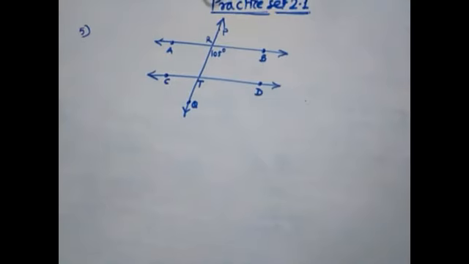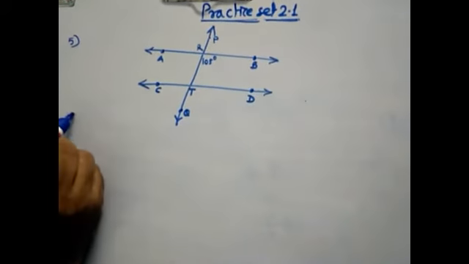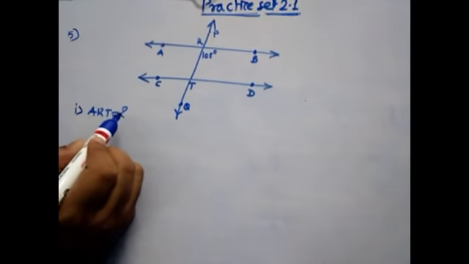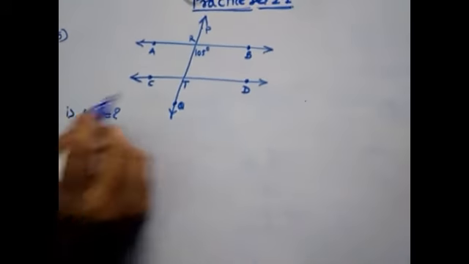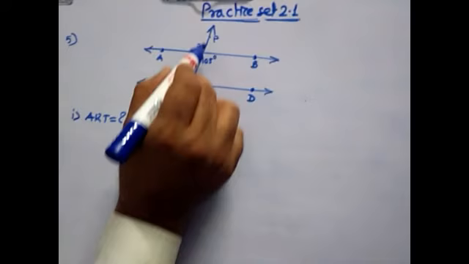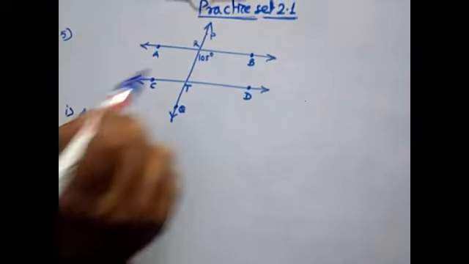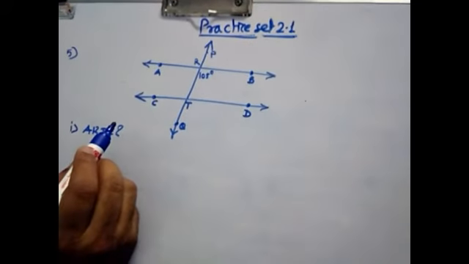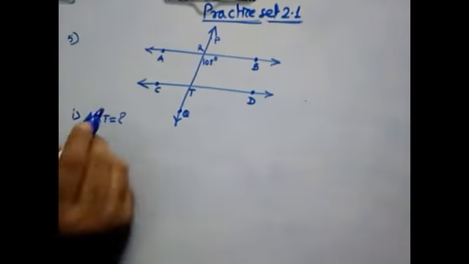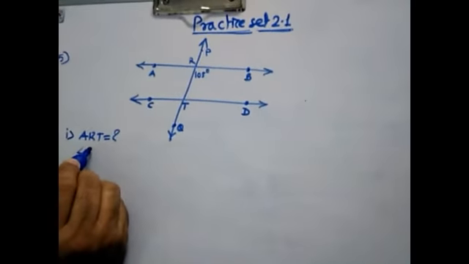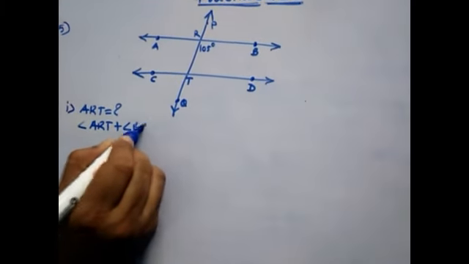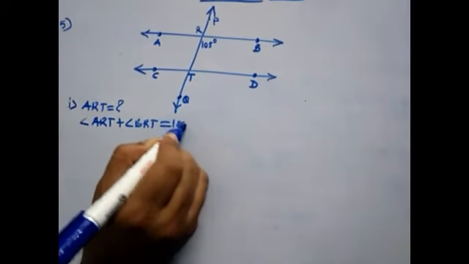So first of all we find out ART. We want to find out ART. So write down here ART. See this ART and these two angles have a linear pair, angle BRT. So write down angle ART plus angle BRT is equal to 180 degrees.